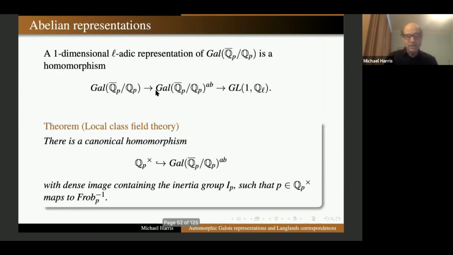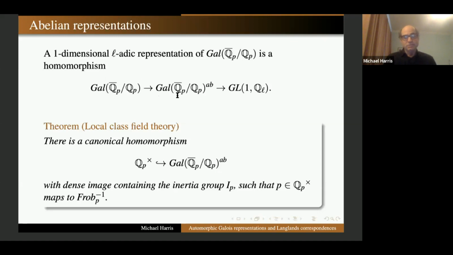Well, the answer to that is given by local class field theory. It says there's a canonical homomorphism from Q_p star into this group with dense image. It contains the image of the inertia group. The inertia group is in here.